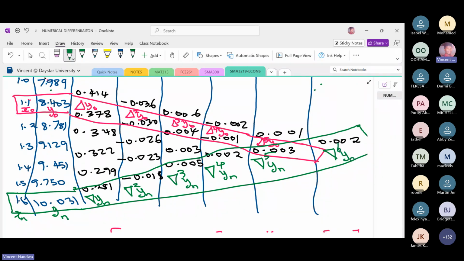So you identify the diagonal and then label them appropriately.